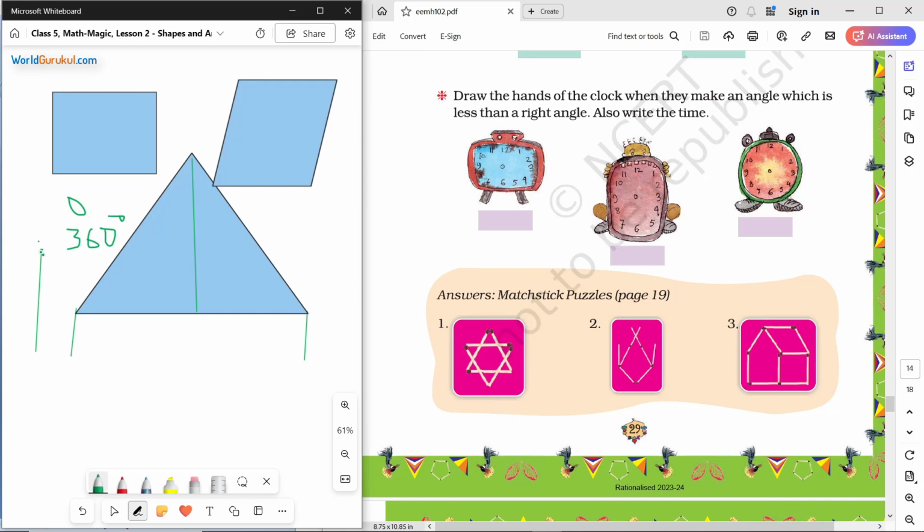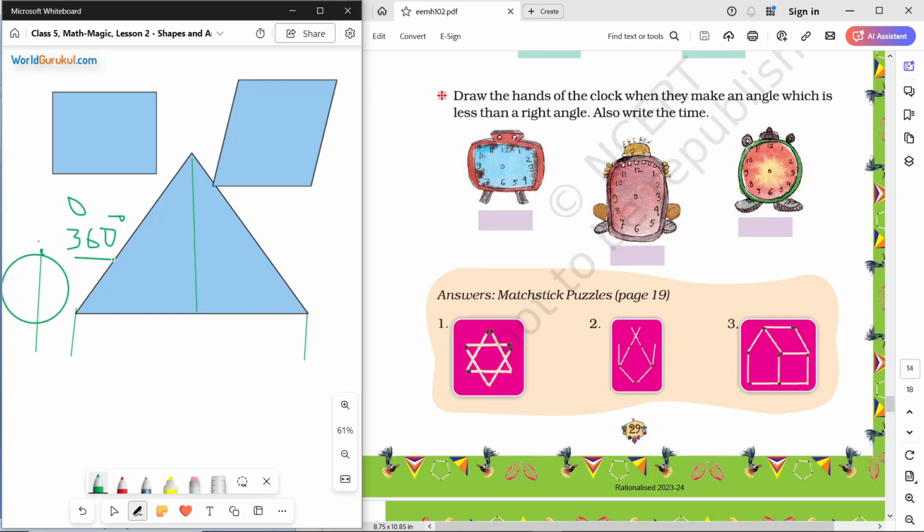So if all the three hands in a clock are aligned in a single line, say that is 0 degrees.